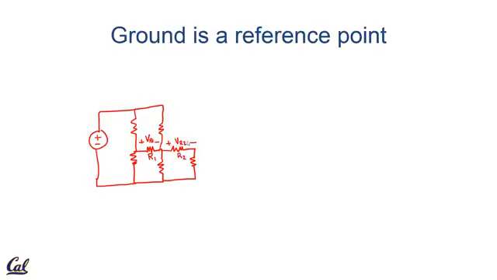Right. Now, in order to simplify this notation a little bit, we come up with a concept of ground. And ground is when we pick one node as a reference to reference all the other potentials in the circuit too. Okay, I have a suspicion we did that in the Wheatstone bridge, but maybe we're going to take it a little farther. So what's the point?